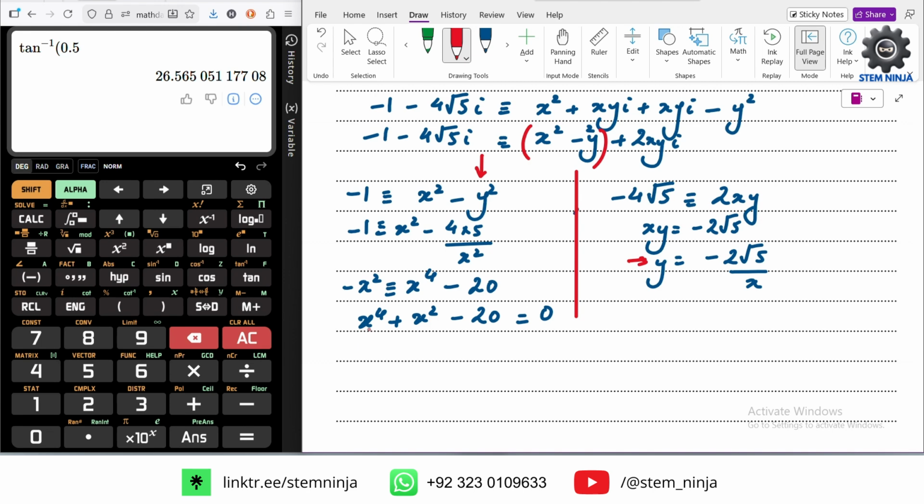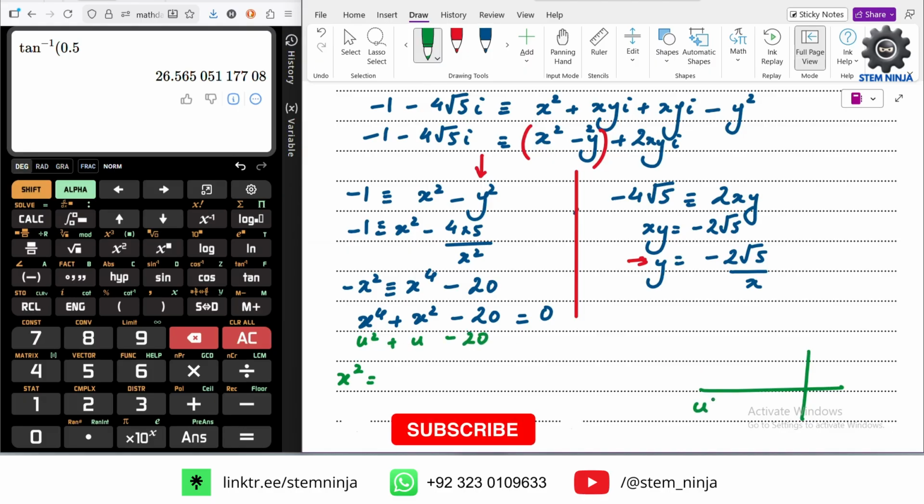Now notice this is the quartic equation that they are talking about. So basically the solutions will come out in the form of x squared. So basically let's say this is u squared, this is u, minus 20. So this is your u squared plus u minus 20, so minus 20 over here and plus u.